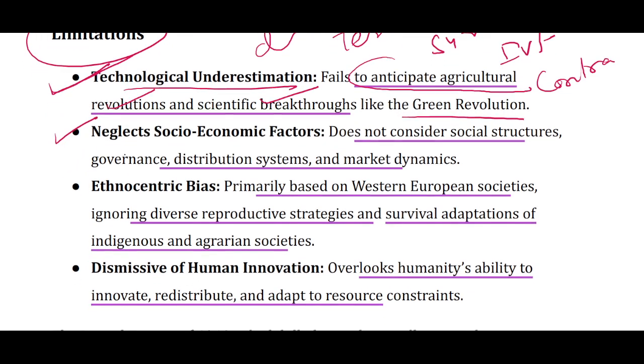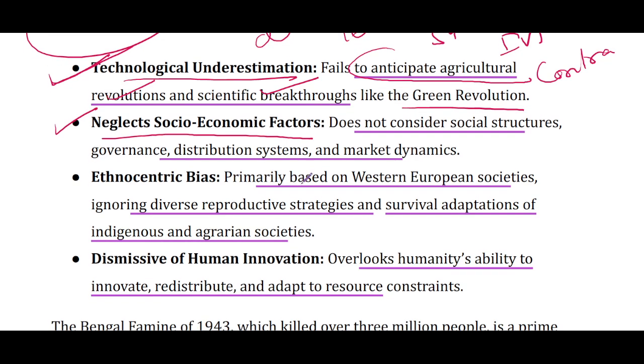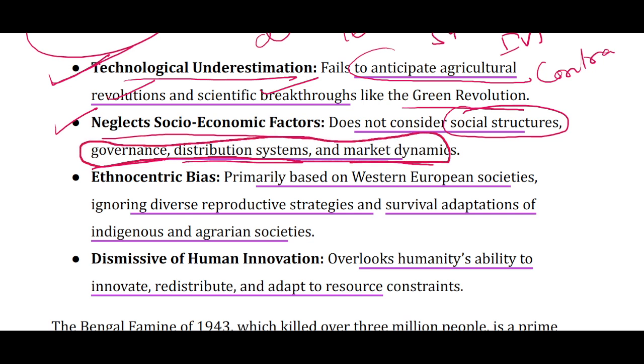Then the second limitation is that this theory neglects socio-economic factors: various social structures, governance, distribution systems, and market dynamics also play a large part in the availability of resources. Like you have seen the public distribution system of the government of India.